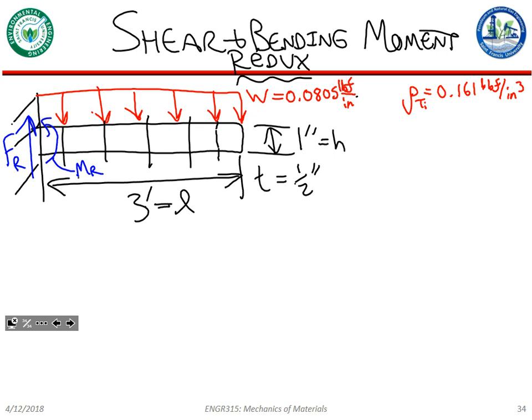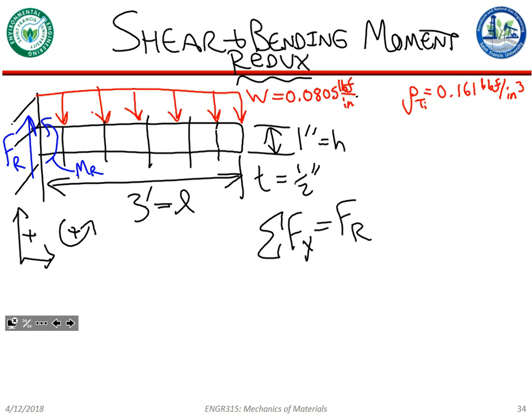And if we throw some positive directions on this, we can do statics and figure out what those two things are. If we did summation of forces in the y direction, we have FR minus our distributed load.